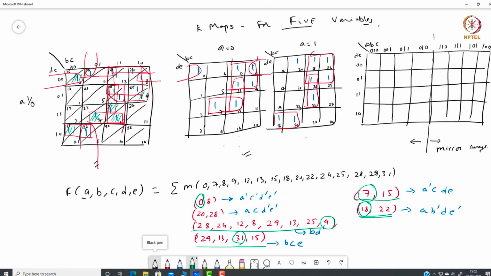In this way we find the essential prime implicants, and after them only 20 would remain. Then 20 you can combine either with 20 and 28, or with 20 and 22. Both of them would be equivalent.